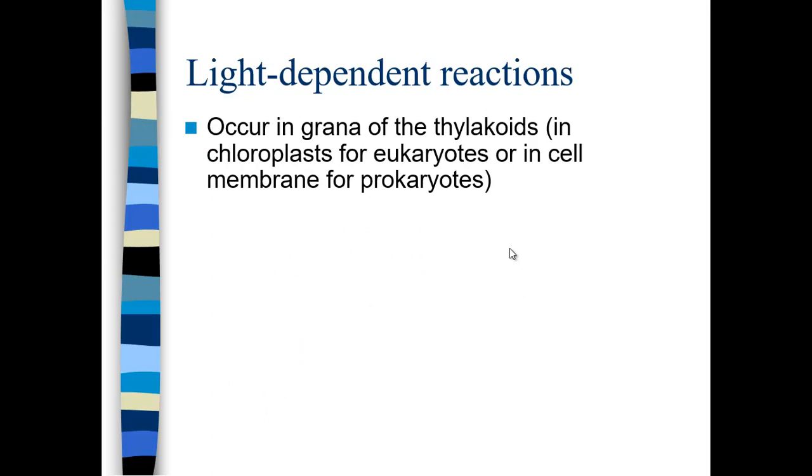Photosynthesis can be separated into light-dependent reactions and light-independent reactions. First, we'll discuss light-dependent reactions, which occur in the grana of the thylakoids, in chloroplasts for eukaryotic cells, or in the cell membrane for prokaryotic cells.